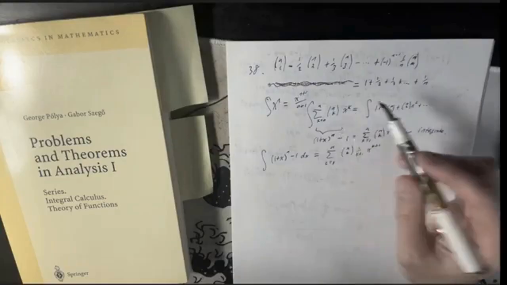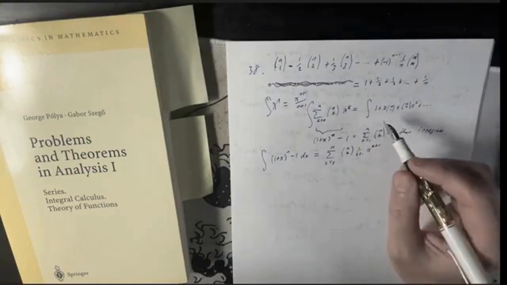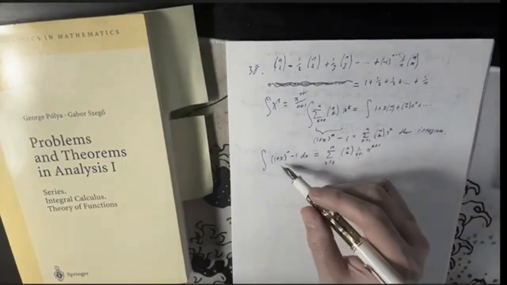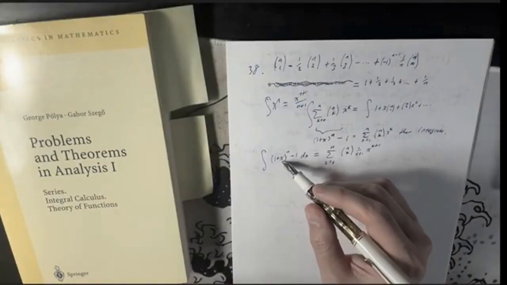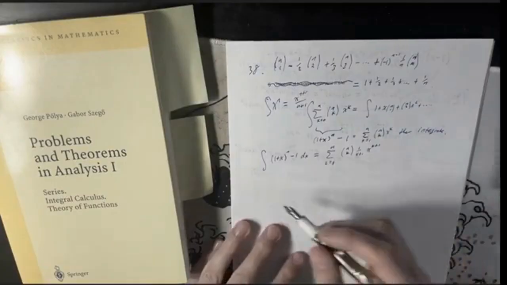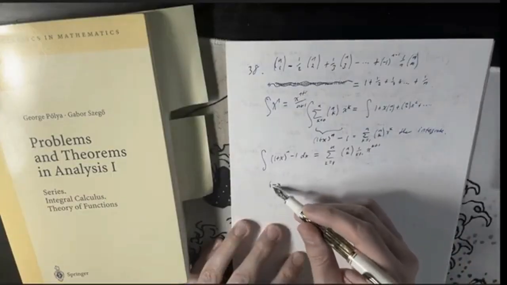And it's alternating. So I can fix that by making this a negative, right? So instead we'll look at this guy.